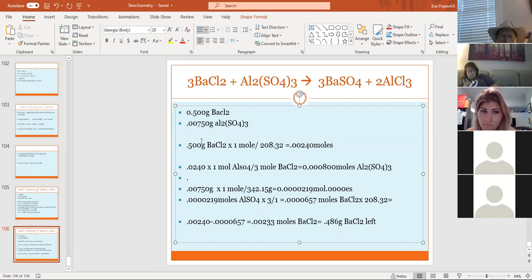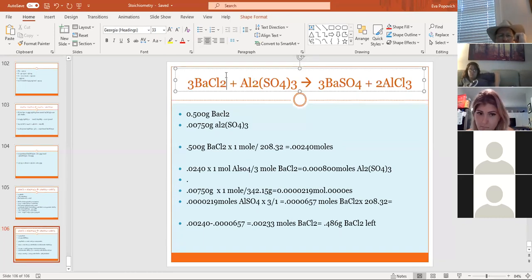Half a gram of barium chloride times 1 mole over the molecular weight gives me 0.00240 moles of barium chloride. I divide this by 3, the molar ratio between the aluminum sulfate and the barium chloride. This gives me 0.000800 moles of aluminum sulfate.